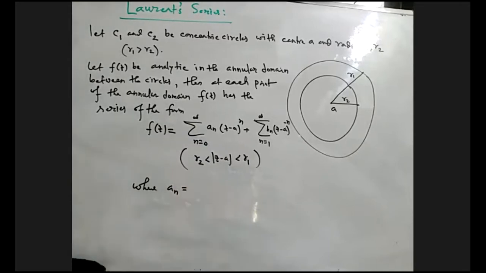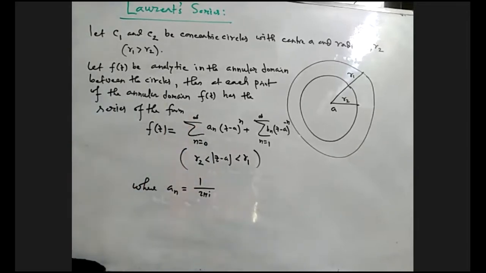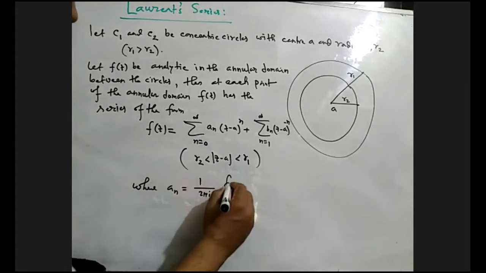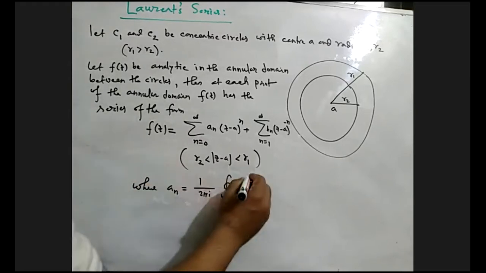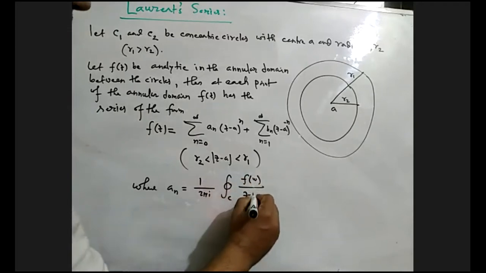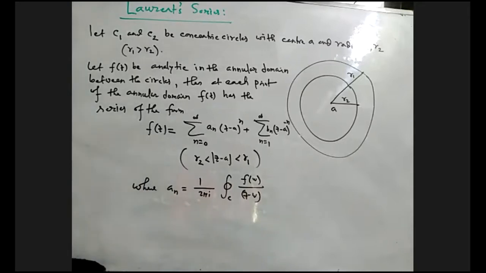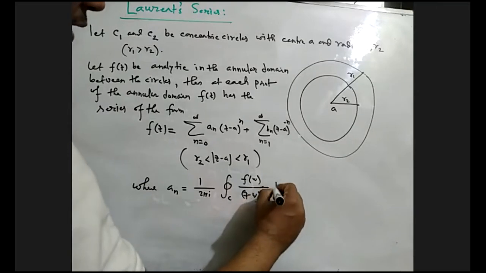It can have the form 1 by 2πi, contour integration on a circle C of f(W) divided by (W minus Z) whole to the power n plus 1, dW.